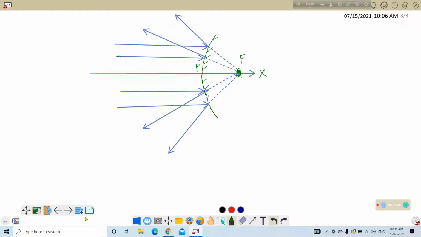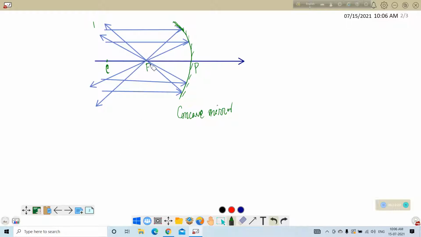Similarly, in the previous case, all the rays, ray number 1, ray number 2, ray number 3, and ray number 4, all the parallel rays, those are parallel to the principal axis, are incident on the mirror, concave mirror, and after reflection, all the rays meet at a single point, and this point is known as the focus of this particular mirror.